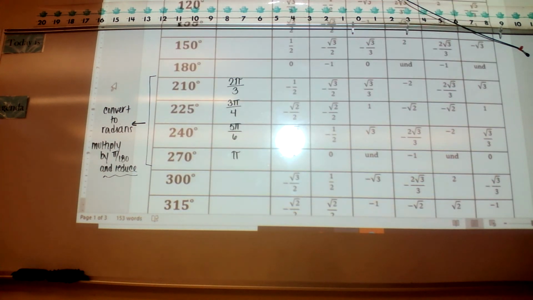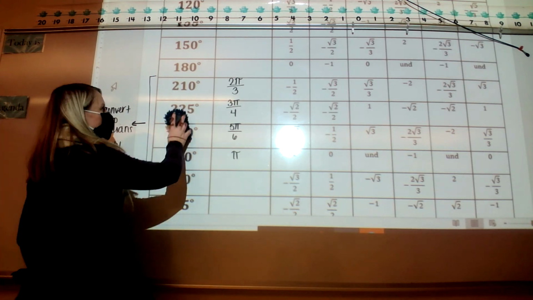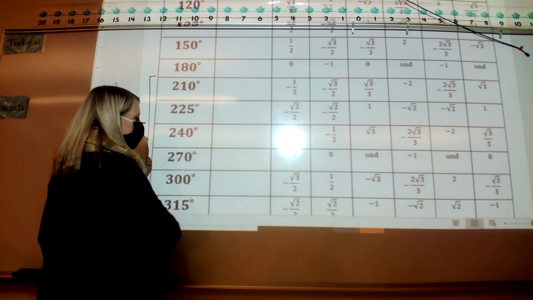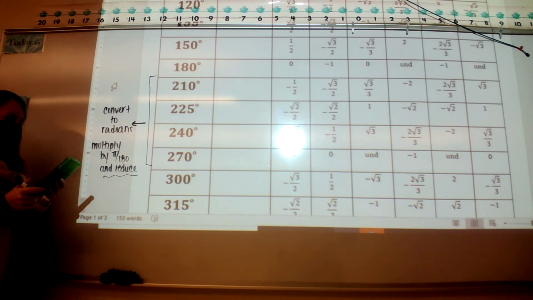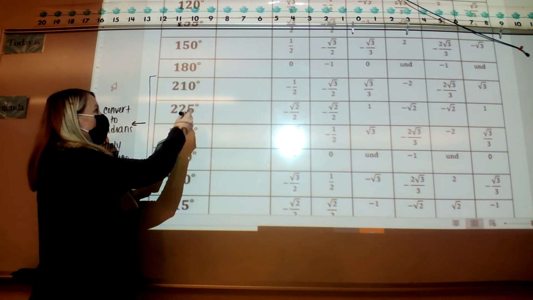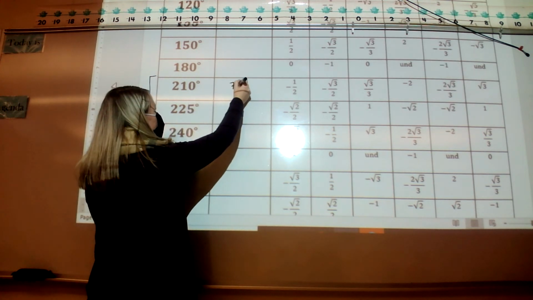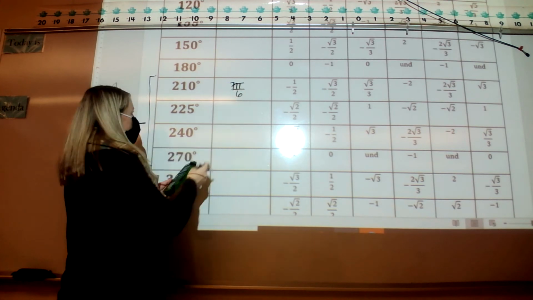So for the next few, this is kind of the third quadrant. Once again, I'm just gonna grab my calculator. I'm doing the same step over and over. For each degree, I'm gonna divide by 180, because I'm technically multiplying by pi over 180, so I reduce that fraction, and I just put my pi with the answer. So this is 7 pi over 6.